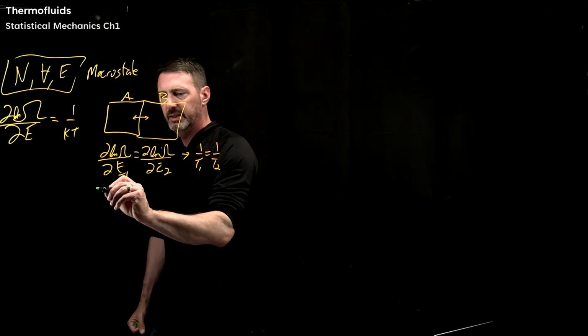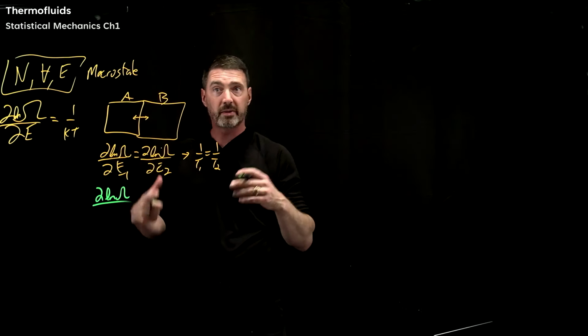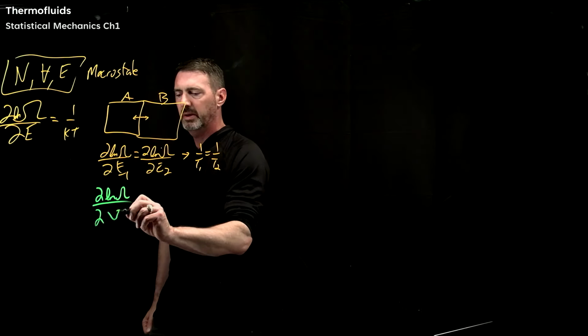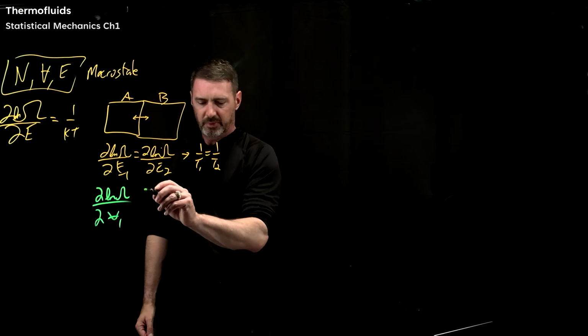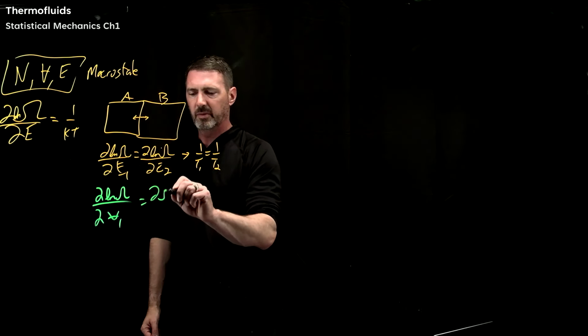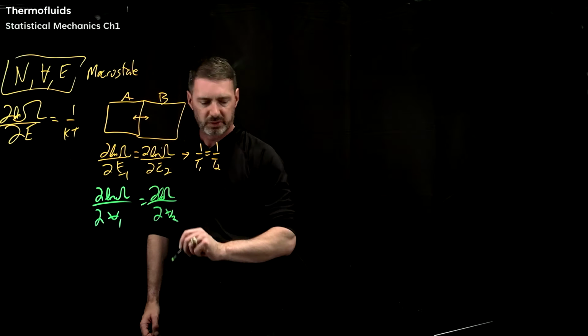This condition is going to be the partial, again, of the natural log of the total number of states with respect to the volume 1. And to come into equilibrium, this will be equal to the natural log with respect to volume 2.